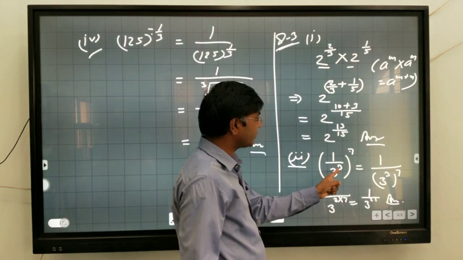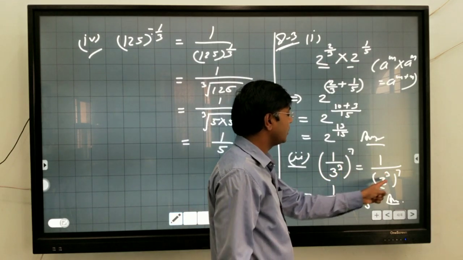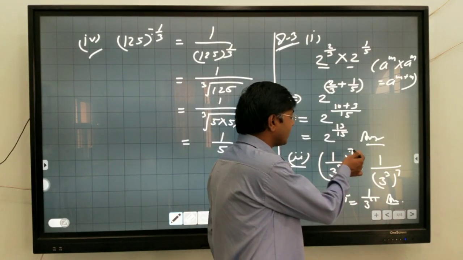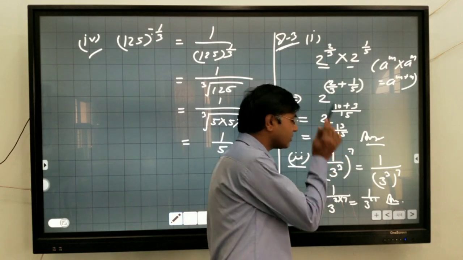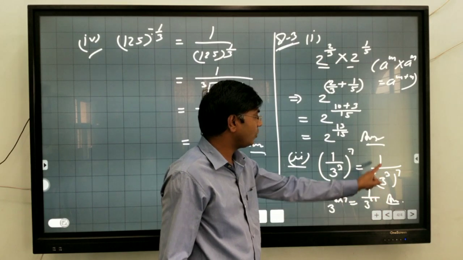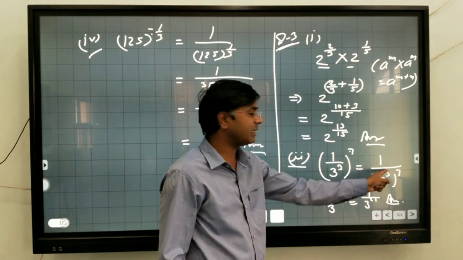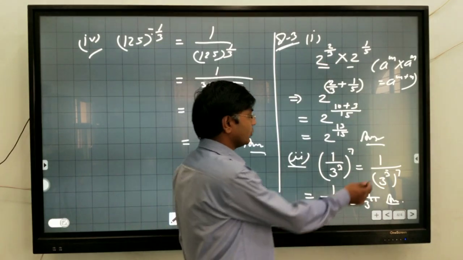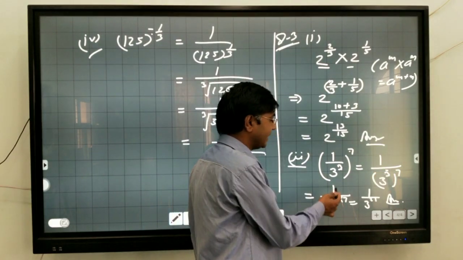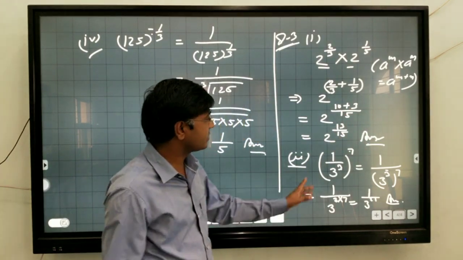And 3 raised to the power 3 to the power 7 means 3 raised to the power 3, whole power 7. This power is applied on 1 as well as on this number separately. Now 1 as it is, and power to power can be multiplied. This is also a rule. So 3 into 7, that is 1 upon 3 to the power 21. So hence this is the result.